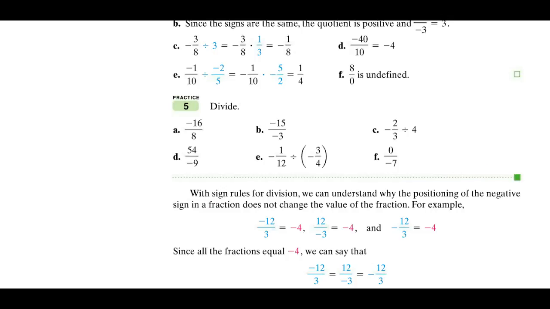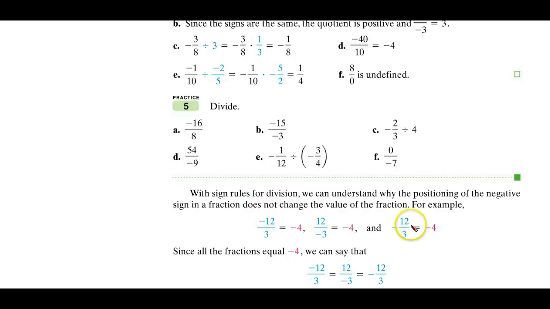Another little thing they're showing us here is, where can we put the negative sign? Well, here it's in the numerator, and it's a negative 4. Here it's in the denominator, and it's a negative 4 when you simplify. Here it's by the division bar, the fraction bar, and it's negative 4.